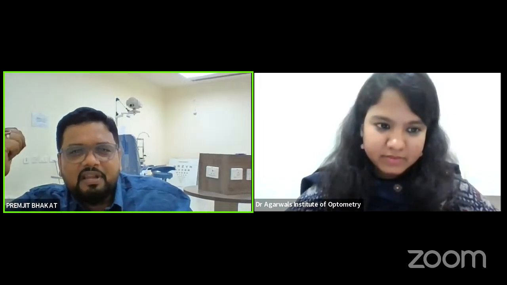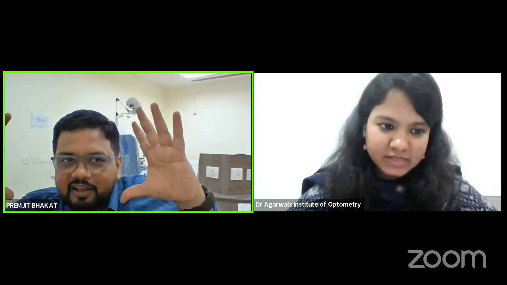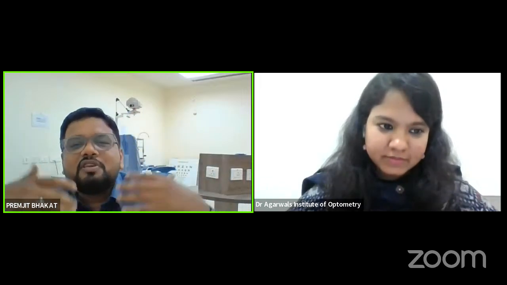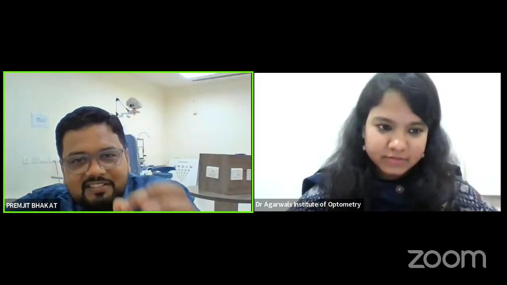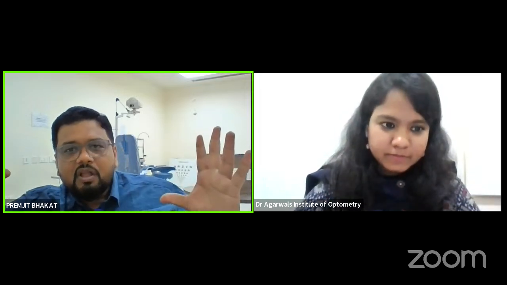Let's, for example, use an RGP lens which is, let's say, 10.5, which is a very high diameter. And you saw the lens is fitting too tight, the coverage is too much, and the lens edge is touching the lid. So it is very obvious you play with the total diameter. You reduce the diameter in order to improve the fit. So your assessment will tell you to increase or decrease the diameter.